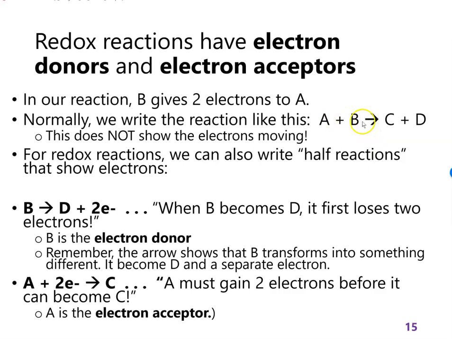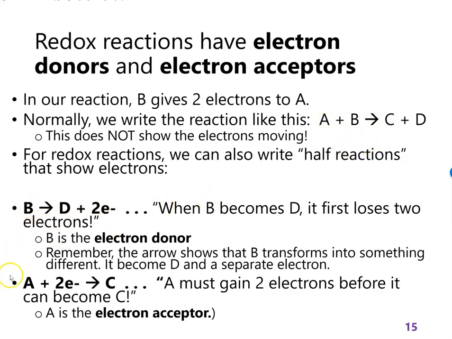So as it goes through this reaction, B loses 2 electrons and becomes D. Likewise, A is going to gain the electrons, and so if you combine A and those 2 electrons, A will become C. So A has to gain those electrons before it can go through its part of the reaction. So A is the electron acceptor, B is the electron donor.